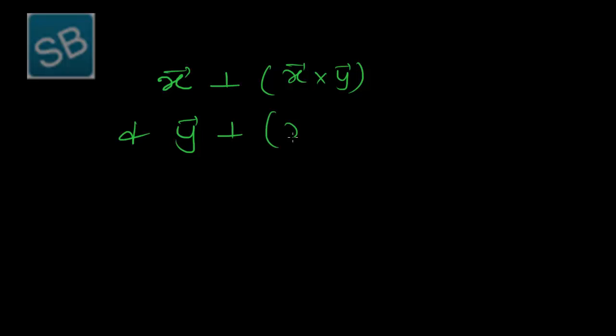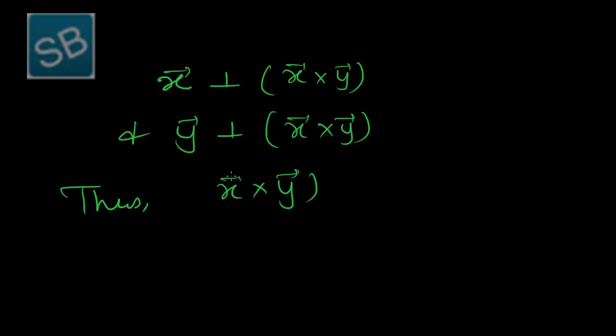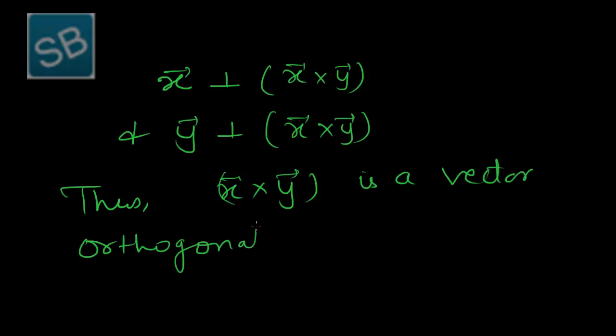Therefore, vector x is perpendicular to vector x cross vector y and vector y is perpendicular to vector x cross vector y. Thus, we can say the cross product x cross y is a vector orthogonal to vector x and vector y.